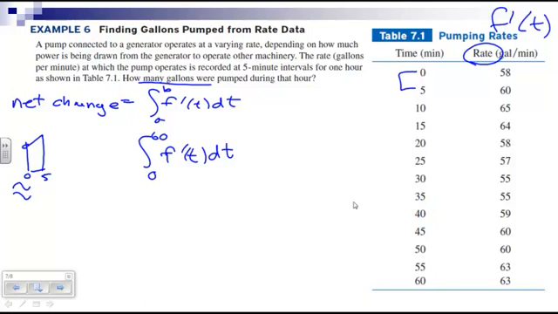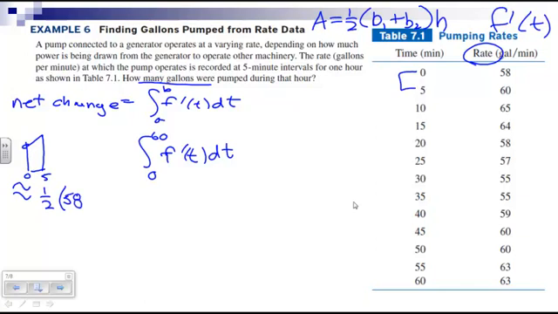And we end up getting a trapezoid with an area of, well, what's the area of a trapezoid? 1/2 (B1 plus B2) times H. Well, in the very first trapezoid, the first base has a height of 58.